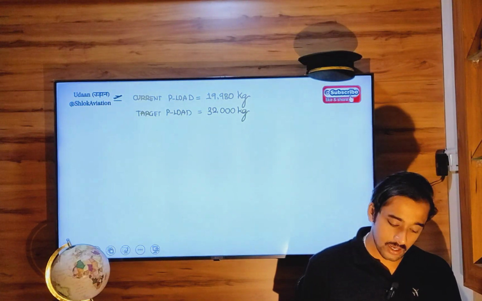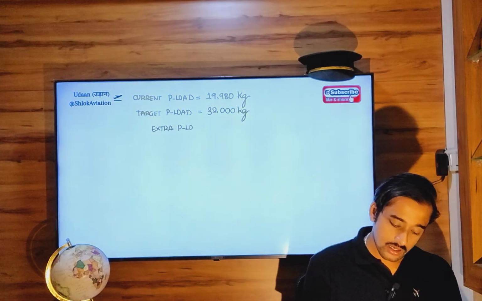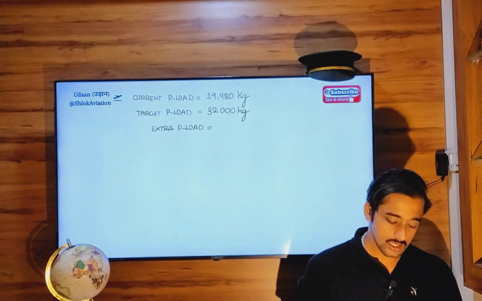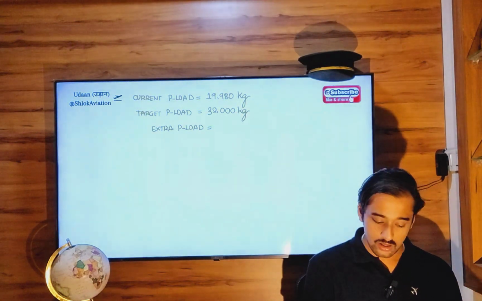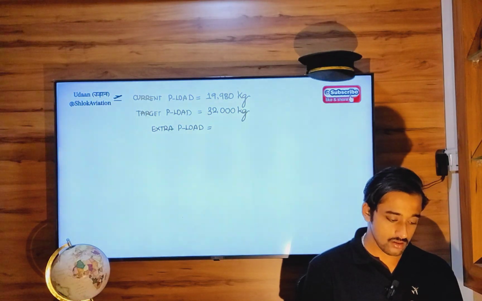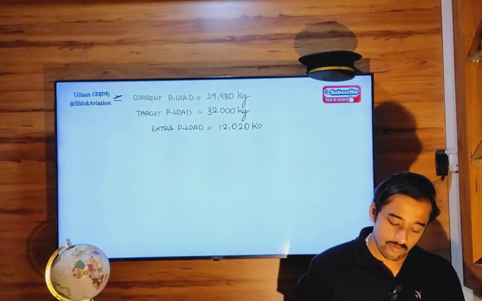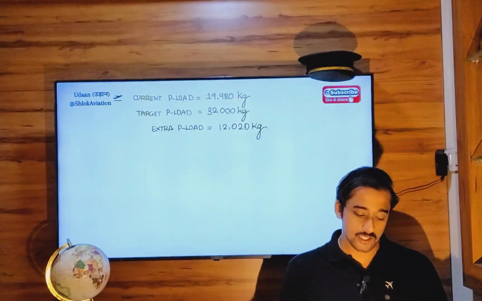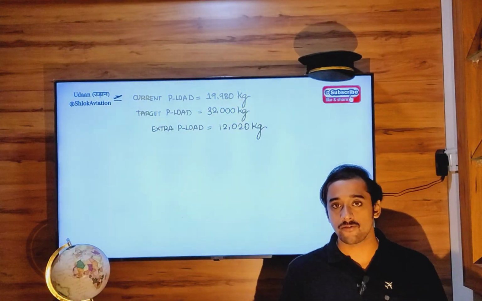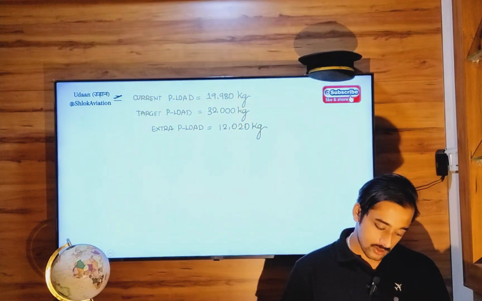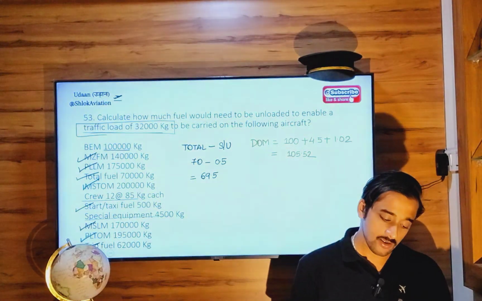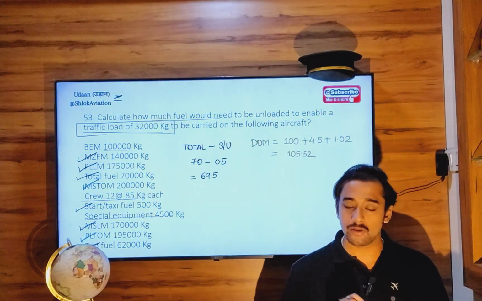That means the extra payload that we have to carry is equal to 32 minus 19.98, which is 12,020 kg. So we have to make extra space for 12,020 kg of traffic load or payload. So that's why our final answer will be how much fuel would need to be unloaded.